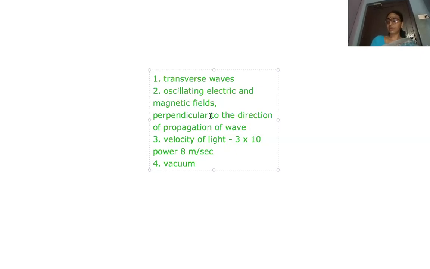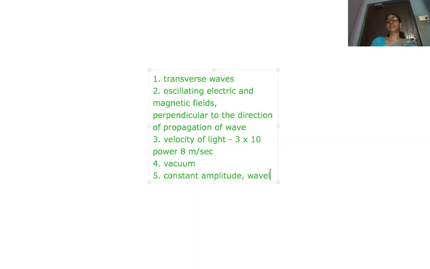They travel with a velocity equal to the velocity of light, that is 3 into 10 to the power of 8 meters per second. They also travel in vacuum, and they also have constant amplitude.